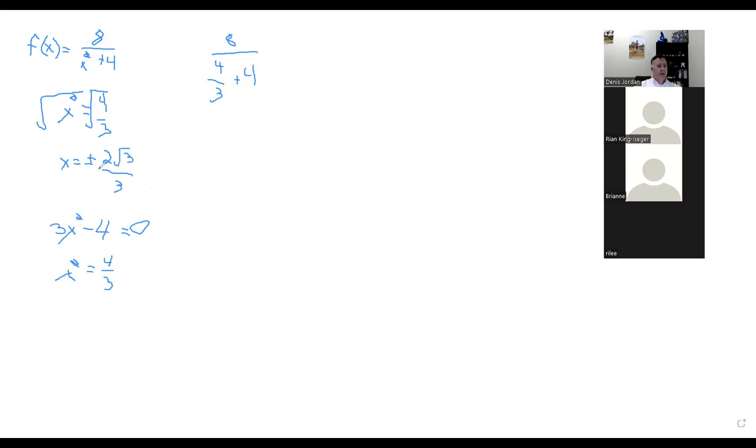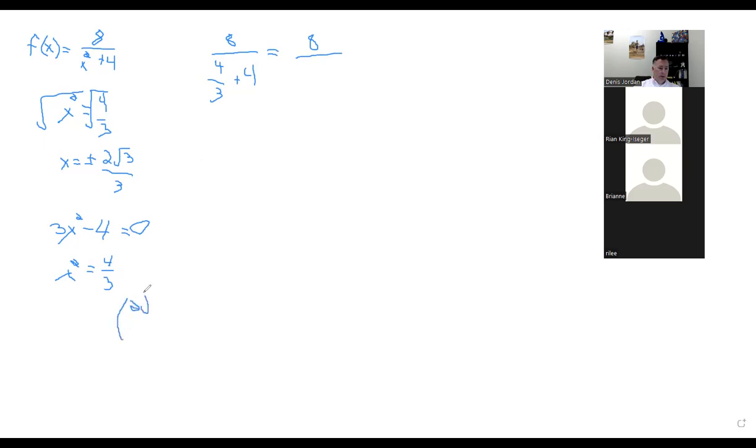If you take 2 root 3 over 3 and square it, you're going to get 4/3. Okay, I was going the long way, plugging in f of x equals 8 over 2 square root 3 over 3 plus 4. You can do that, but I'm not doing it right, whatever I'm doing. So I would rather just go the easier route, do the x squared equals 4/3, and put that in instead.